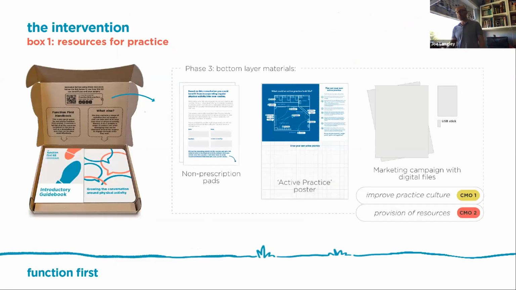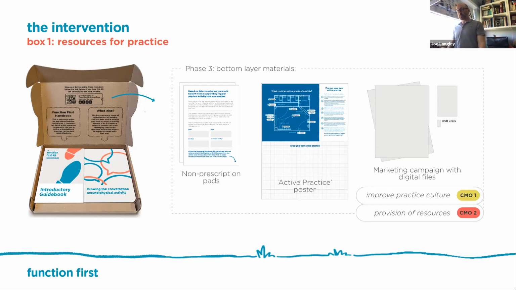So in the practice set of resources, there were these non-prescription pads and an active practice poster, how the practice itself could be restructured, reorganized and rearranged to, for example, simply encourage a patient who wasn't too ill to walk to move more around the waiting room, whether it's at the sign-in and check-in, going to the desk and going to different areas, whether there's standing waiting rather than sitting waiting, all of these different features.